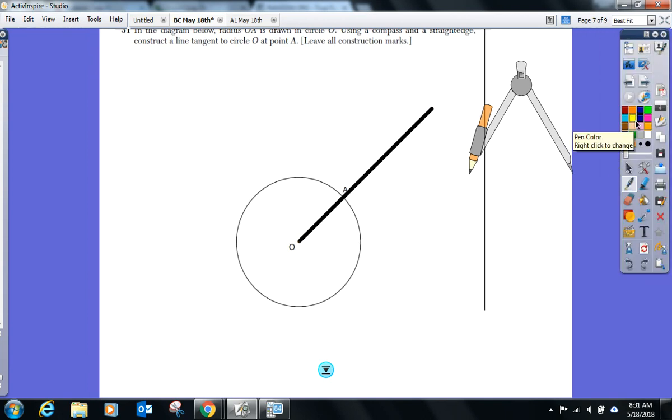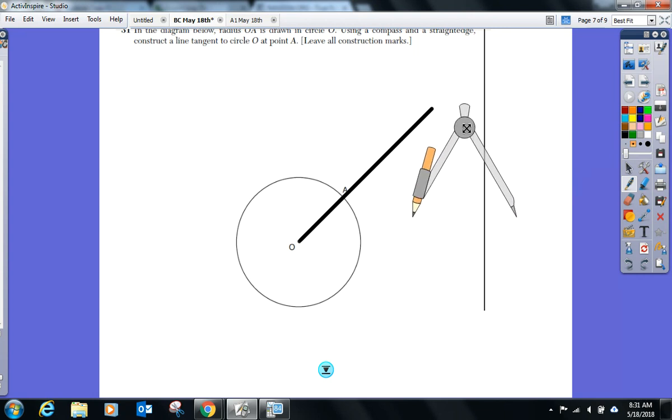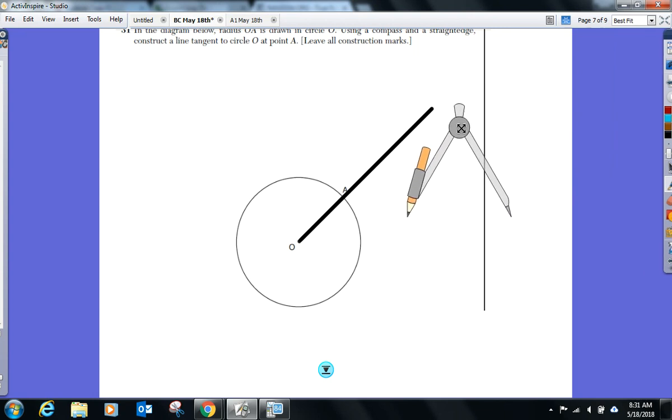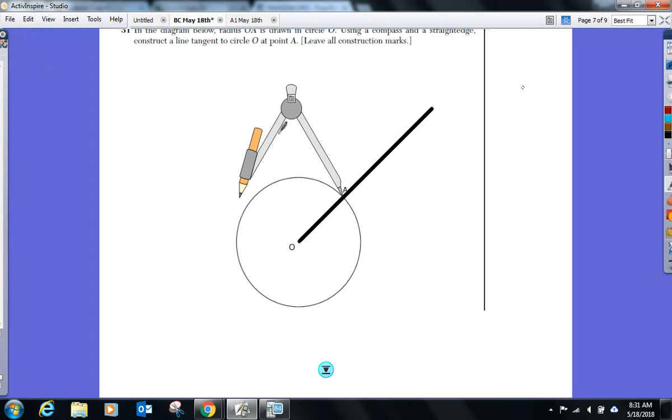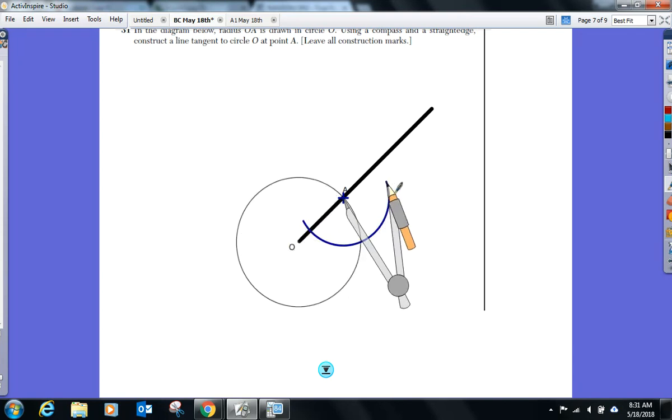Where's your compass point going? It should be going on point A. And what are you trying to do with your compass now? Make an arc that intersects twice. Where's it going from here now?